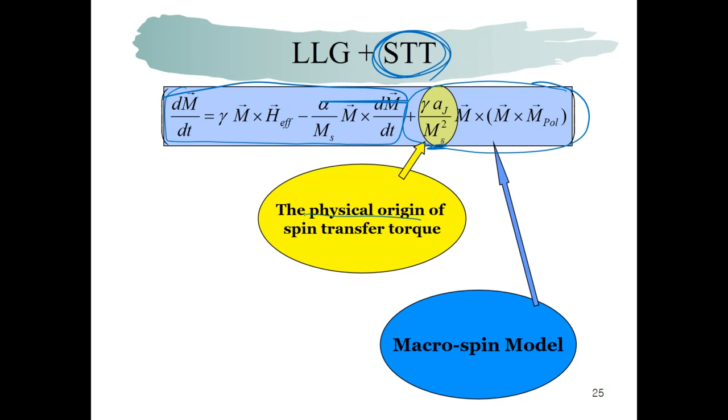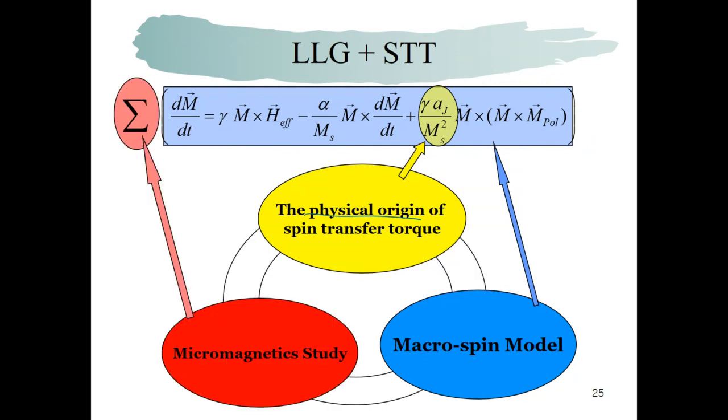And let's assume this term can exist. Then what happens in the spin dynamics? To understand the macrospin behavior with the spin transfer torque, you should solve this LLG equation with the STT term.